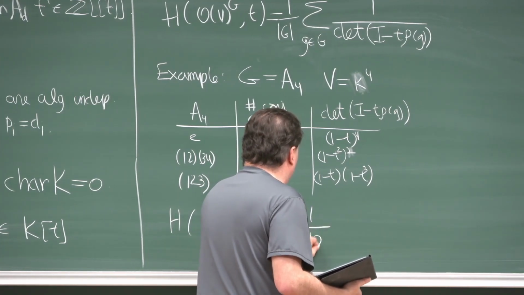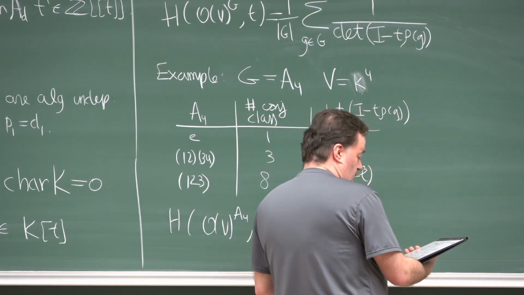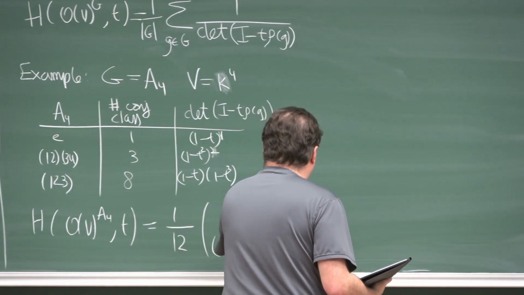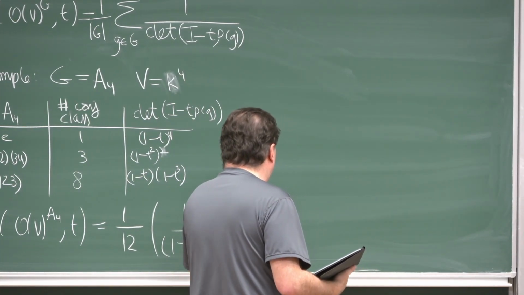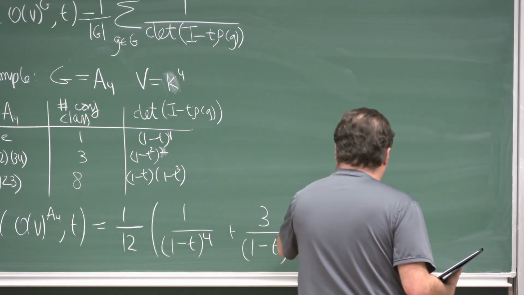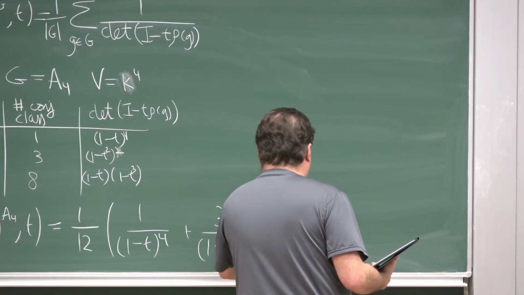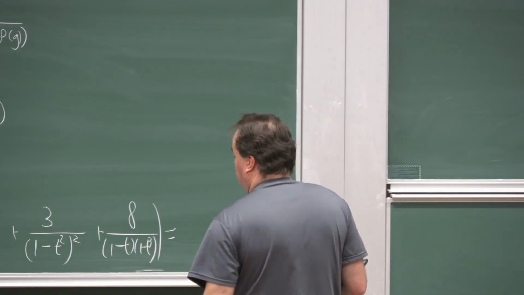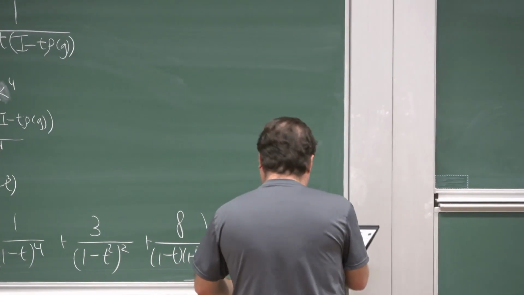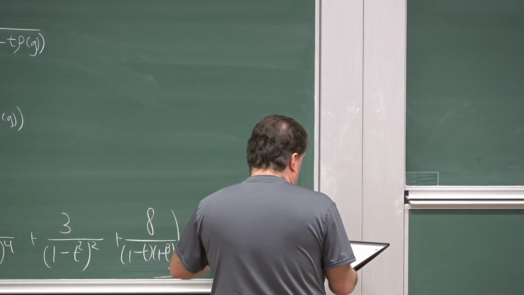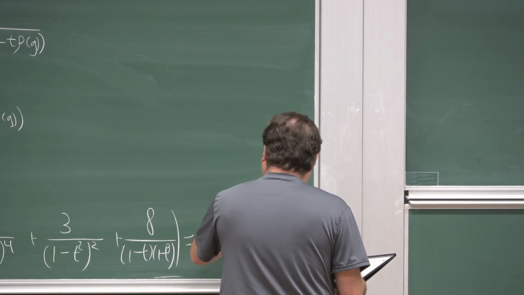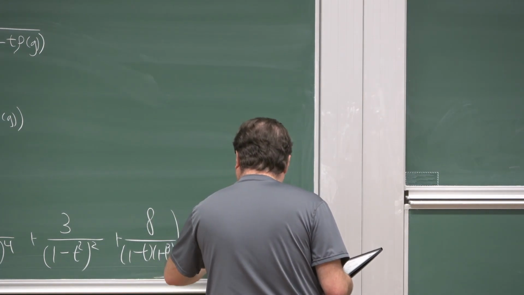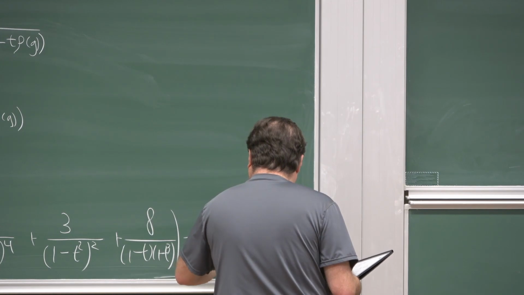It's 1 over 12 times [1 over (1 minus t) to the power 4 plus 3 over (1 minus t squared) squared plus 8 over (1 minus t)(1 minus t cubed)]. And then, well, you have to do some calculations. You can simplify it. You get something like (1 minus t squared plus t to the power 4) over (1 minus t)... So we make the same denominator, and then this is what we get.